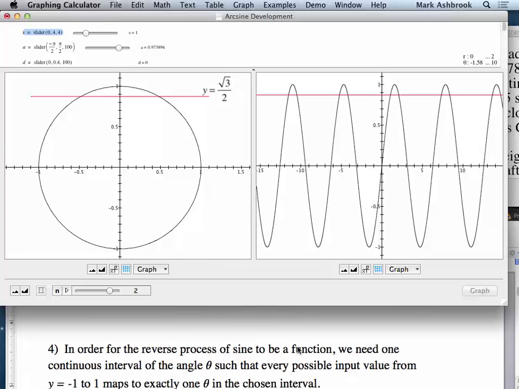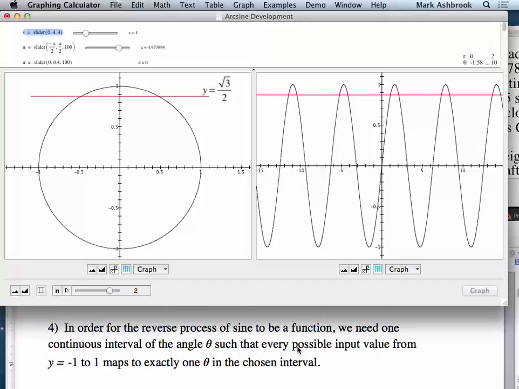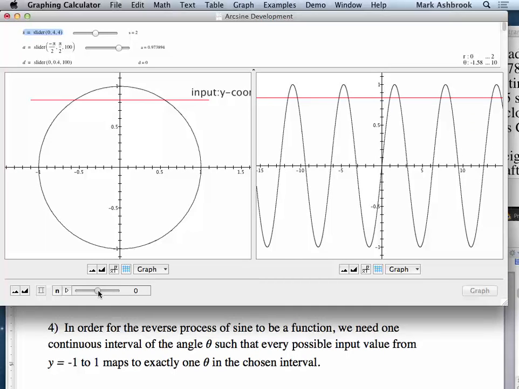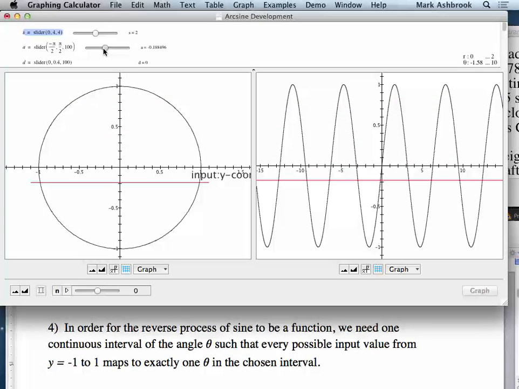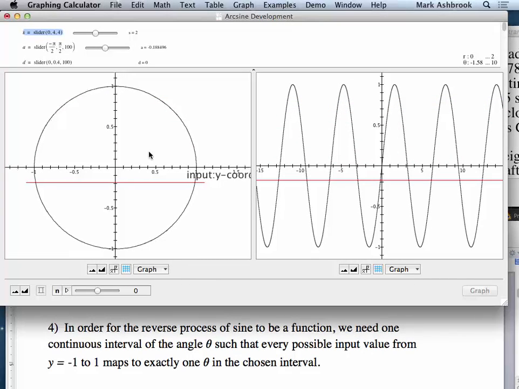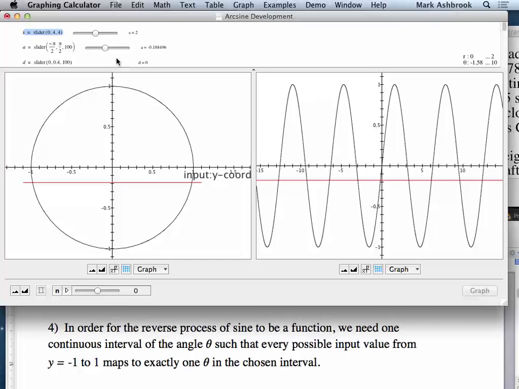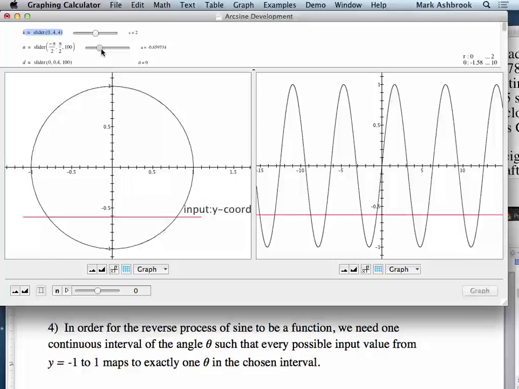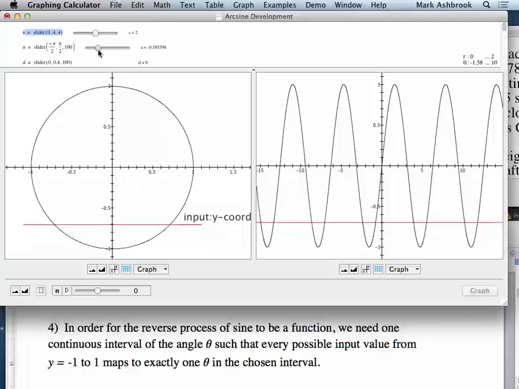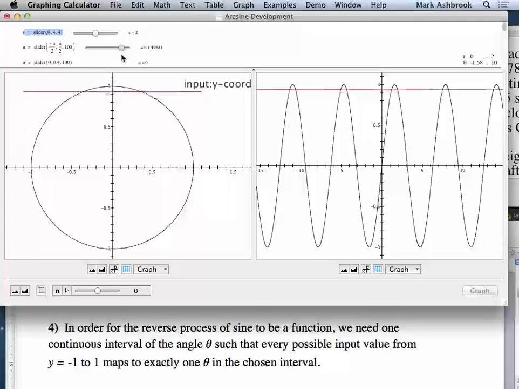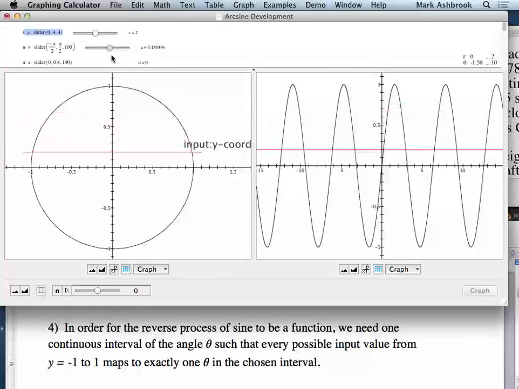So in order for it to be a function, we know our inputs are y coordinates. What do we need? We need one output, one angle per input. So we need to hit all the inputs.